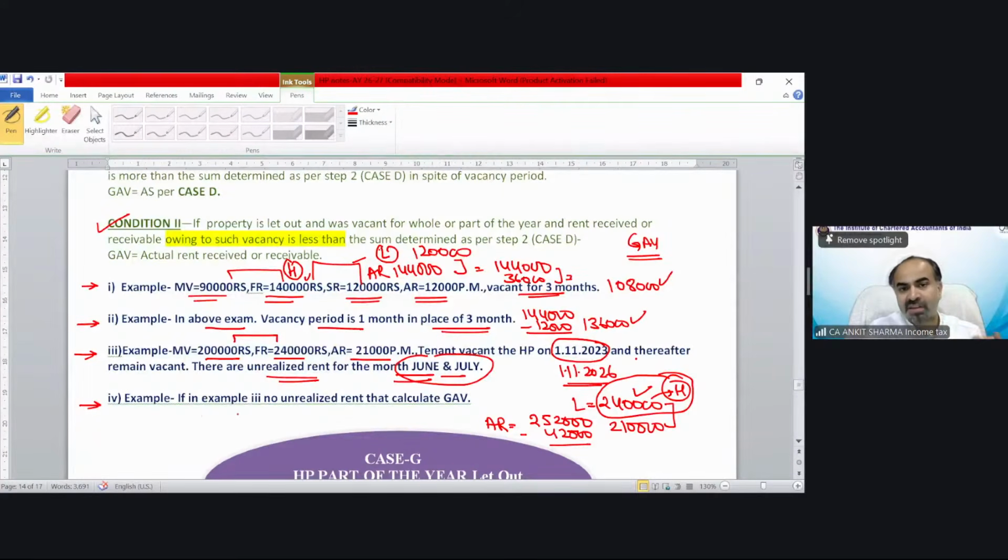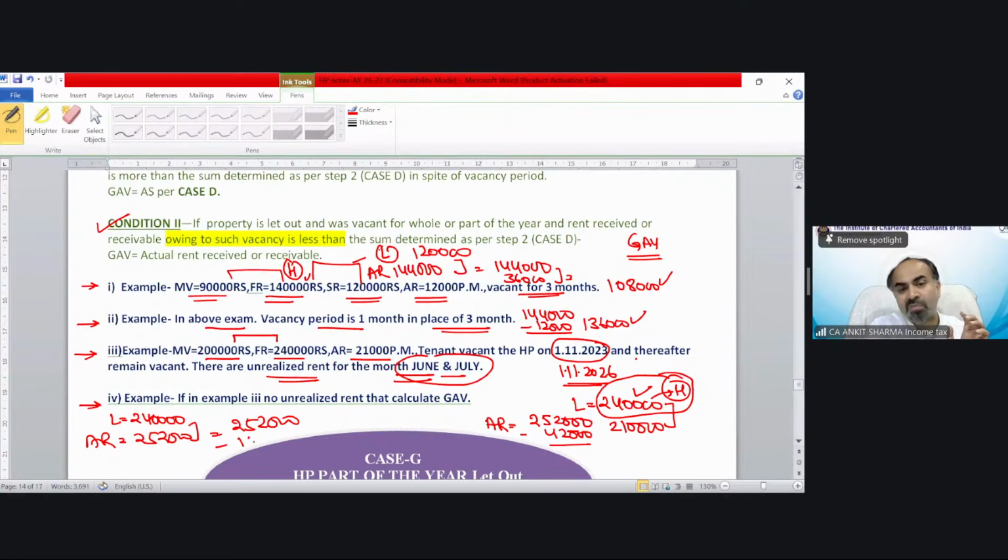Example 4, if in example 3rd no unrealized rent was there. So if there is no unrealized rent, the lower value as we have found out was 240. Annual rent would now be 252. Now the higher value is 252. So now we can reduce the vacancy time duration from 1st November 26: November, December, January, February, March.